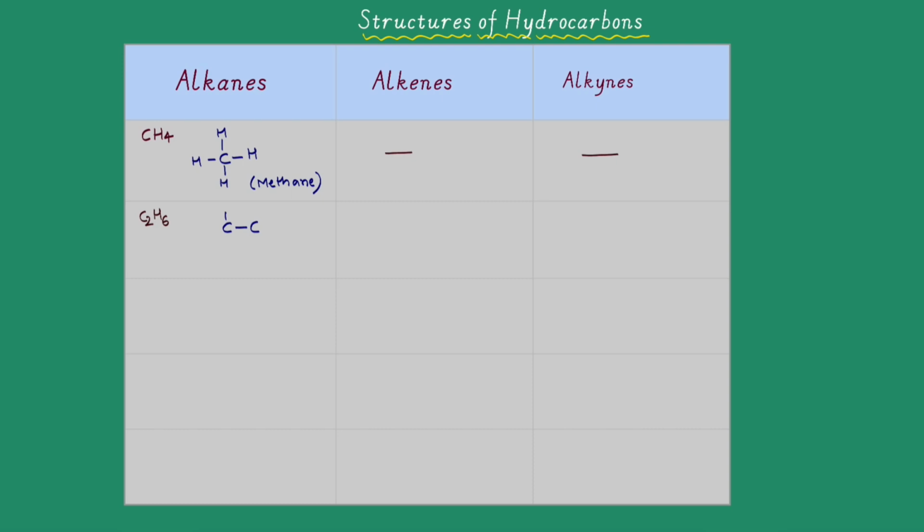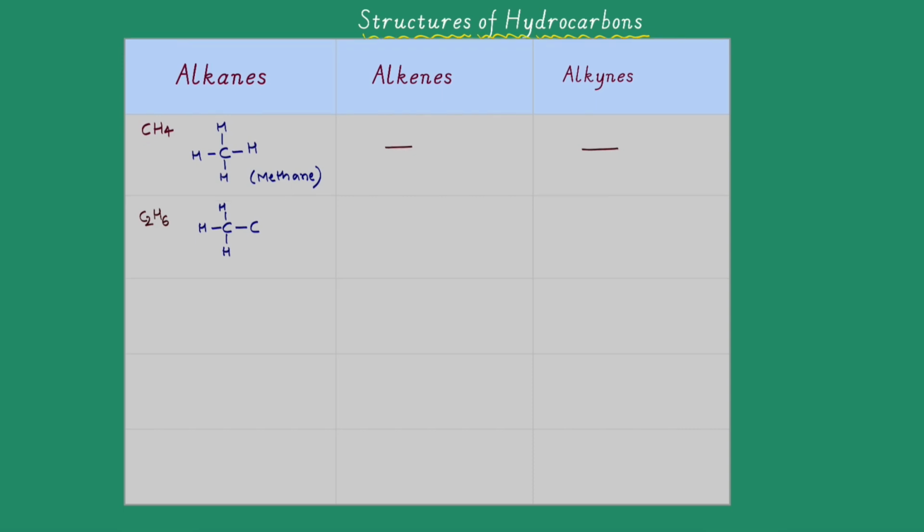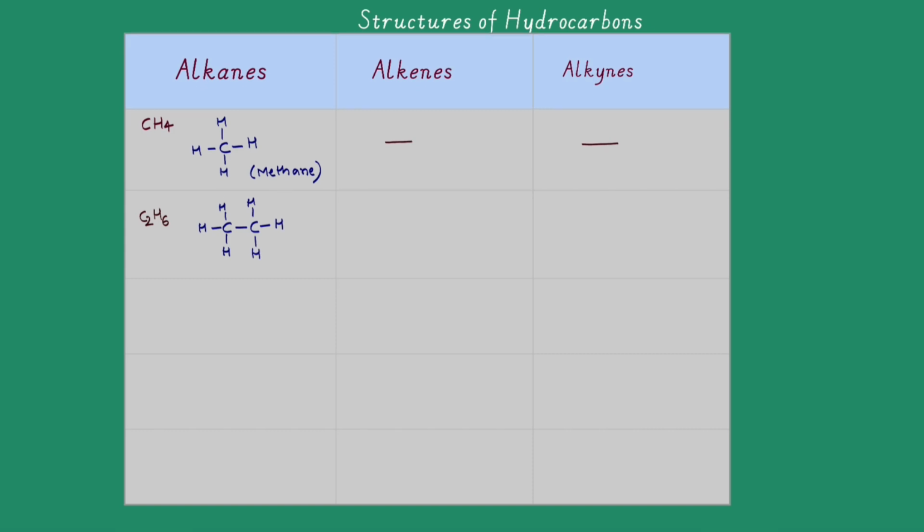Already 1 is over, so 3 more bonds should be there between the first carbon and 3 hydrogens. Similarly, on the second carbon also, 1 is already over between carbon and carbon, so the remaining 3 bonds will be between carbon and hydrogen. This is the structure of C2H6. This will be called ethane, because there are 2 carbon atoms.